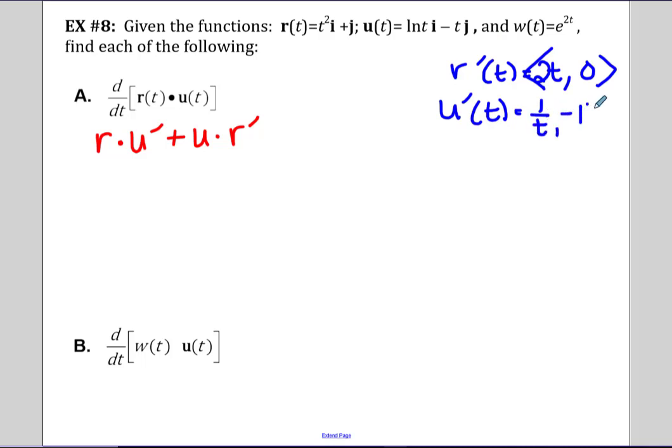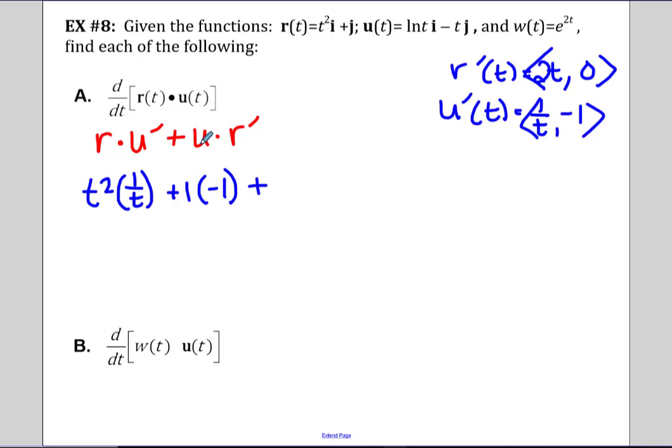And then to take the derivative, following this rule that was on the derivative rules, the R function is T squared plus 1. And we're going to multiply that by the U prime, which is 1 over T for the X component and negative 1 for the Y component. So this is the R dotted with U prime. And then we have U dotted with R prime.